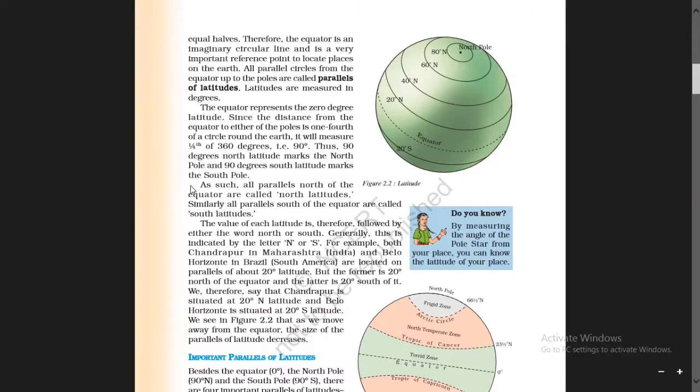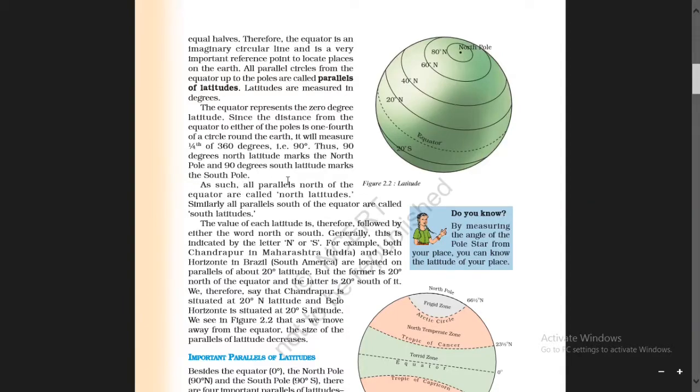It is clear how it measures this 360 degrees. Thus, 90 degrees north latitude marks the North Pole and 90 degrees south latitude marks the South Pole.